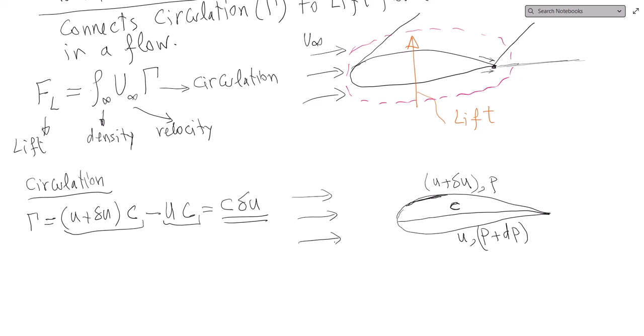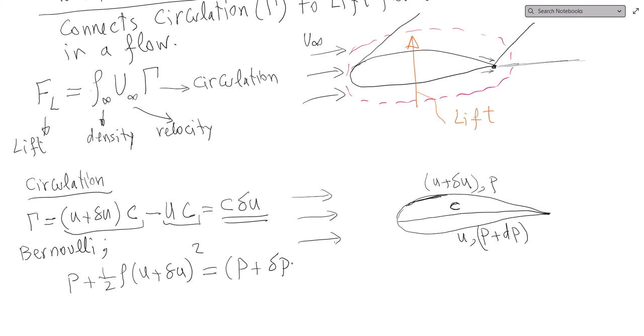This is the circulation. Now let's apply Bernoulli. Bernoulli gives us the pressure on the top side plus half rho velocity squared is equal to the pressure at the bottom.